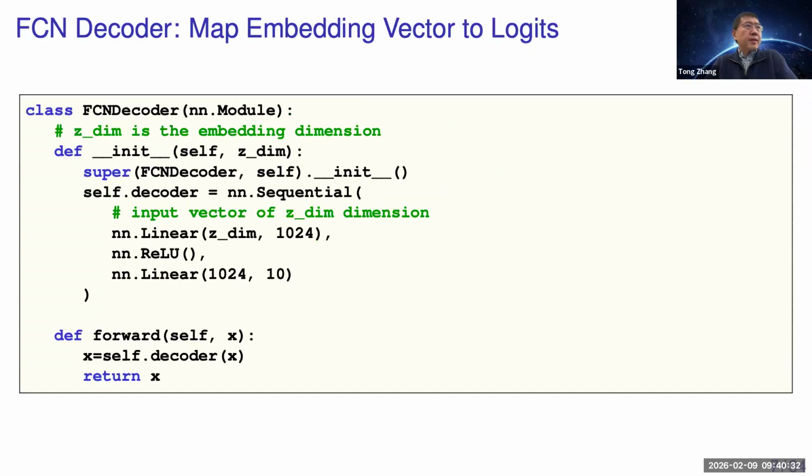Okay. For the decoder, you say, I will take this vector and map it to the logits. Basically, this is a two-layer neural net: you have a linear layer to the intermediate, then you go through ReLU, then to the 10. The 10 is for MNIST or CIFAR, so those are the class labels.